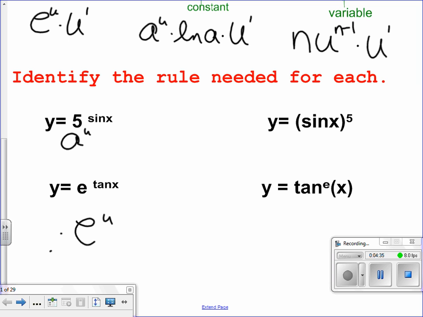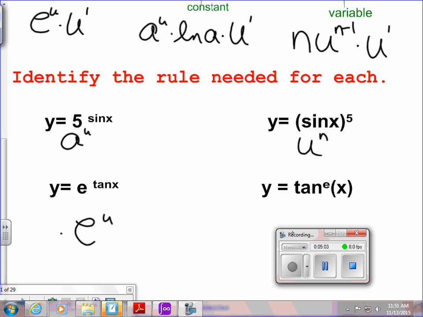We got another one there. U to the n. This is u to the n. What about this one? Oh, you weren't fooled. I thought you were going to say e to the u because you saw an e.